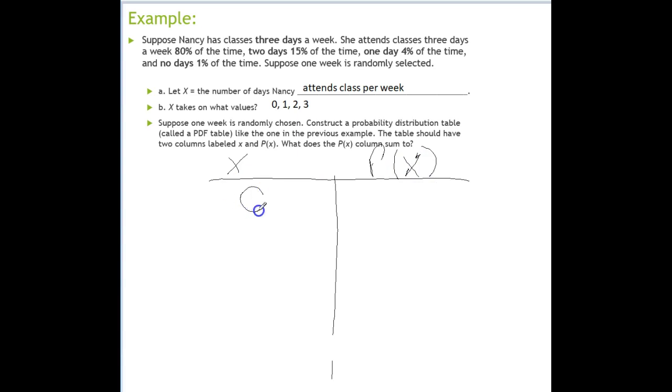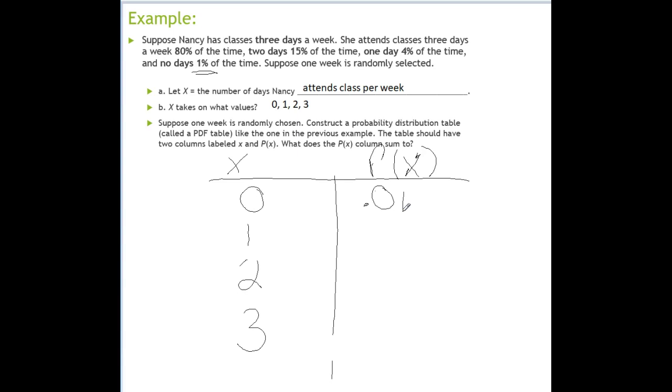So we know our values of X are 0, 1, 2, and 3. The probability that Nancy is going to attend 0 days is 1%. So I can convert 1% to a decimal because we write our probabilities in decimals. So 0.01.